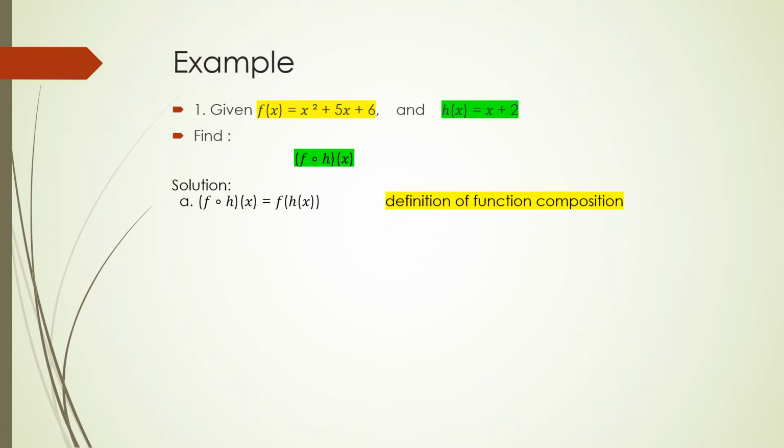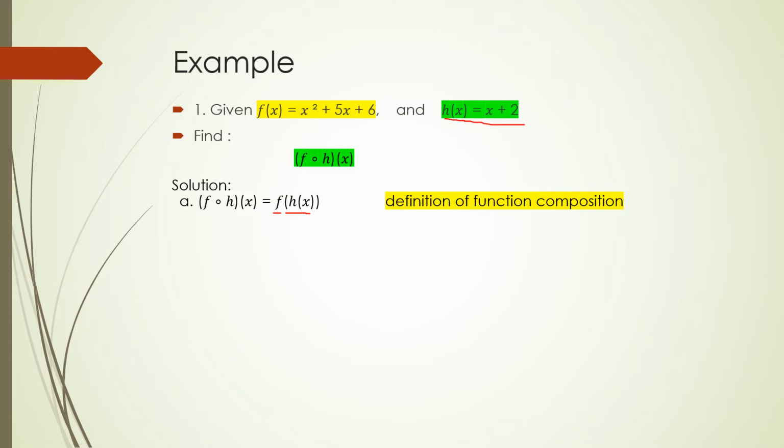By definition of function composition, we have f compose h at x is equal to f at h at x. Meaning, the function we use first is the function h.